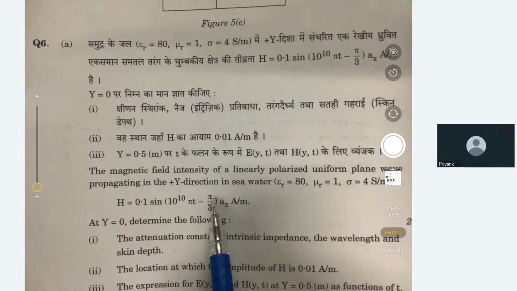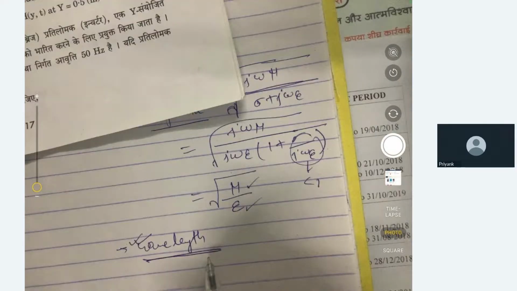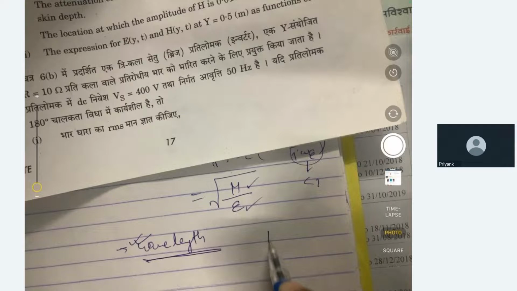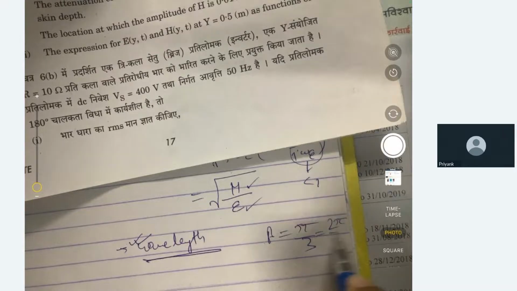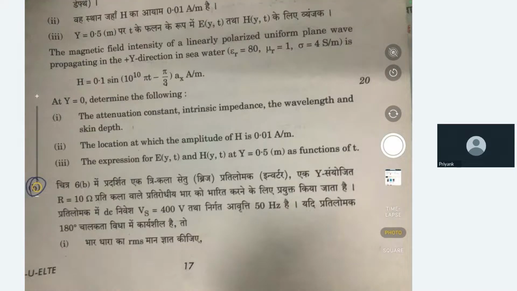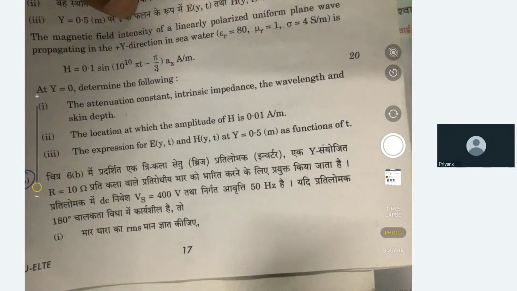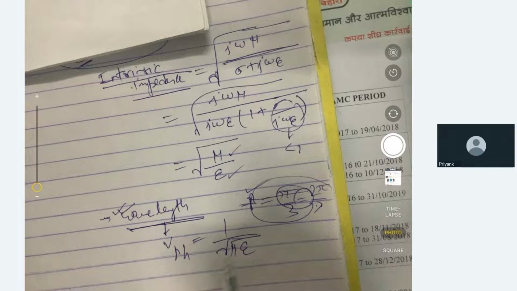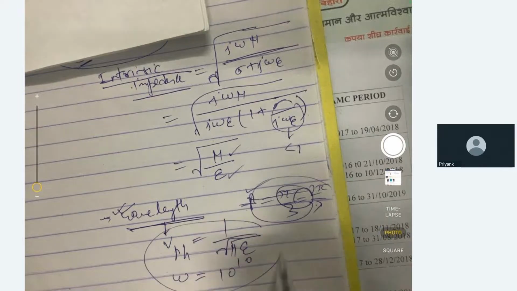Perhaps I calculated the wavelength from this pi by 3, taking beta equal to pi by 3 and beta equal to 2 pi by lambda, so my wavelength is perhaps wrong. Actually, the wavelength will be found from the phase velocity, which we know is 1 upon under root mu epsilon, and omega also we know, 10 raised to the power 10. From this we need to find the wavelength lambda.